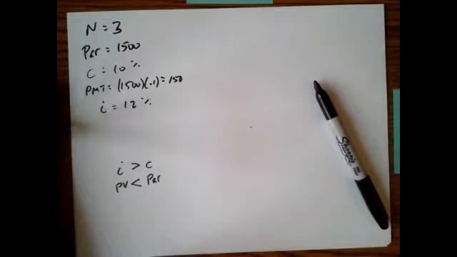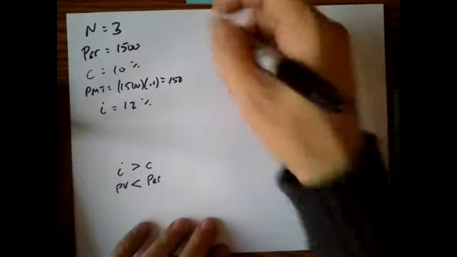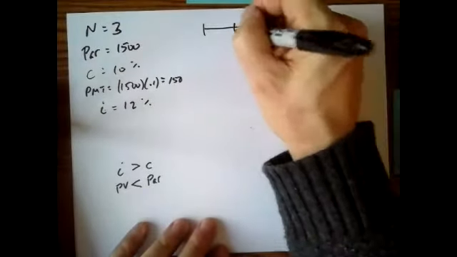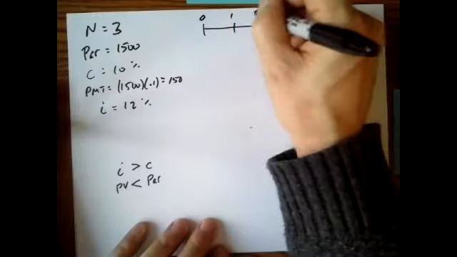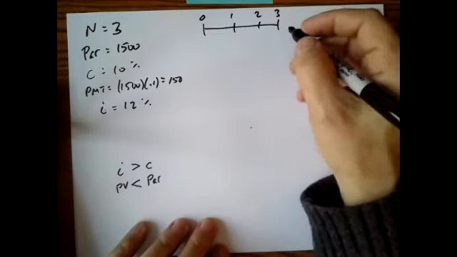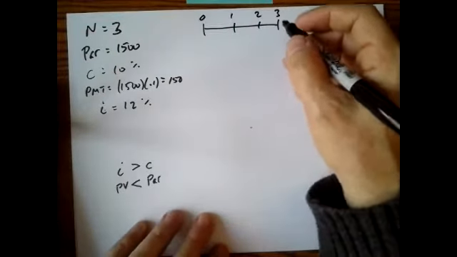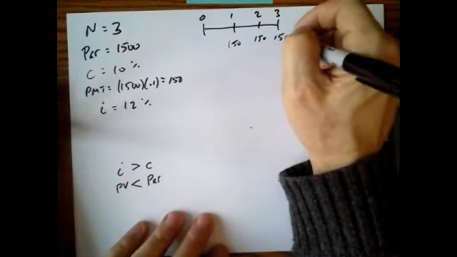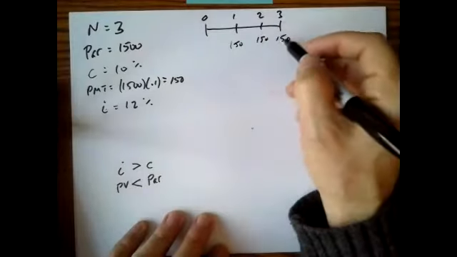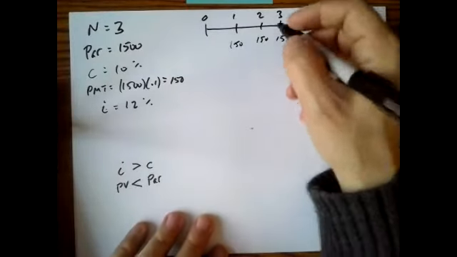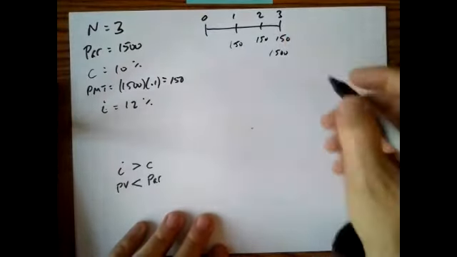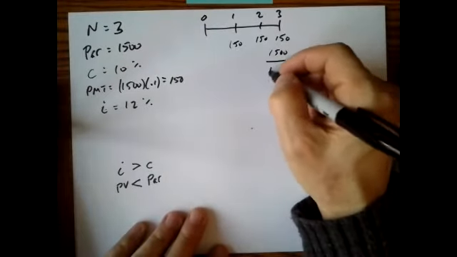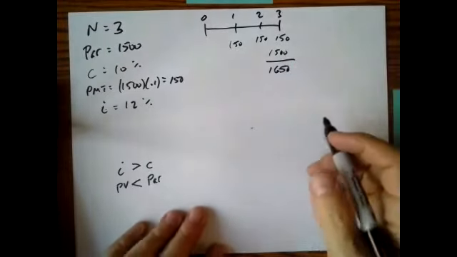Okay, so let's draw what we know. Periods 0, 1, 2, 3. Dr. Smith will get $150 three times, plus she'll get $1,500 at the end for a total of $1,650.